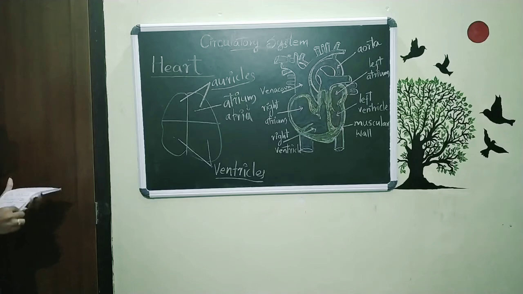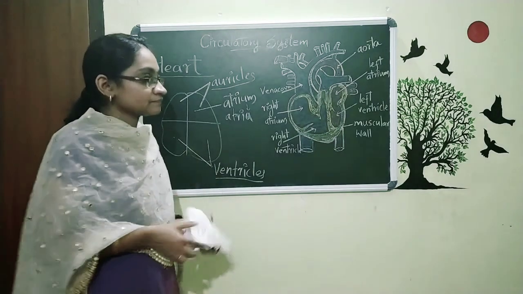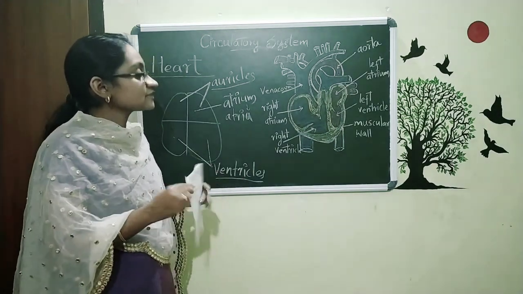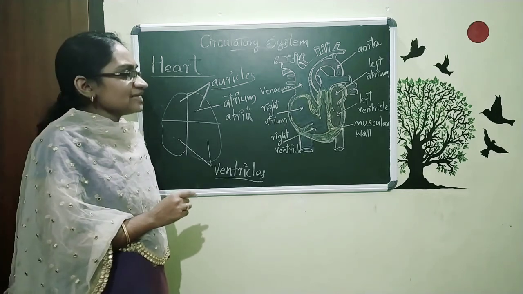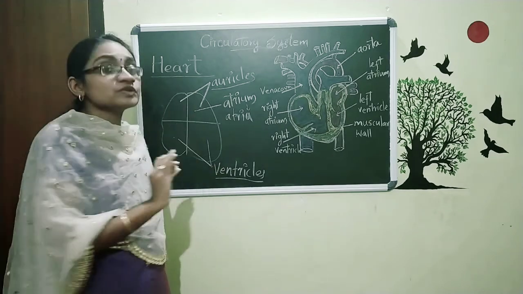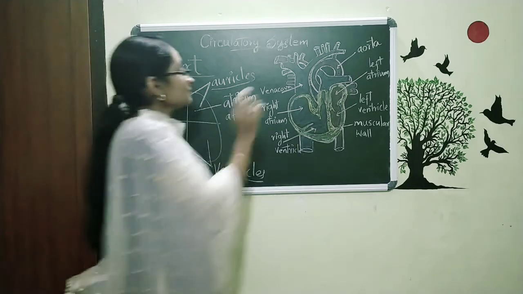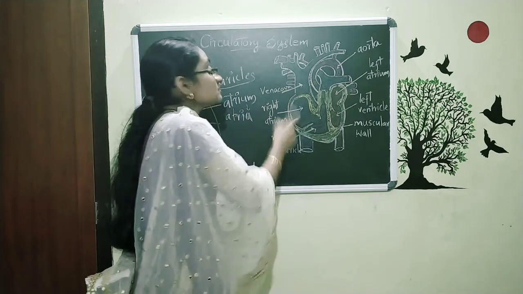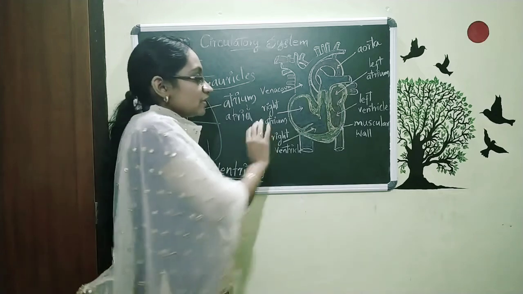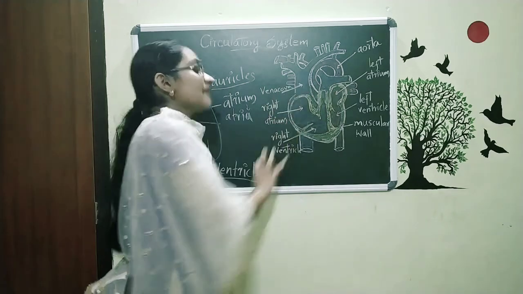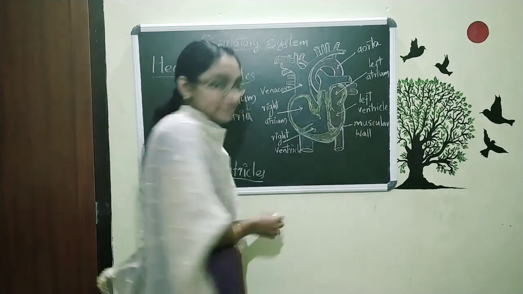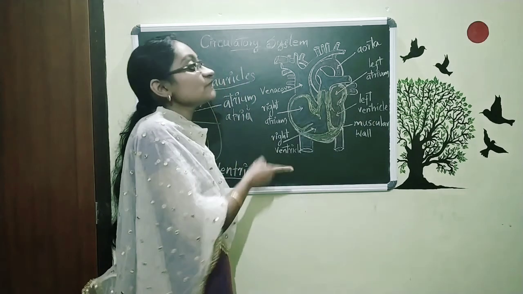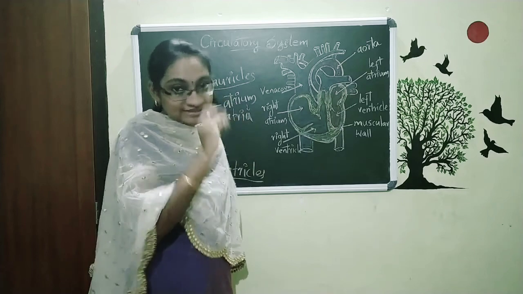Now we want to study the structure of our heart. In your textbook, you can see a neat diagram of our heart. You don't need to study how to draw this heart, but you need to study the names of these parts. In your question paper, you get a diagram with questions like dash A, dash B, and you have to identify the name of that section.